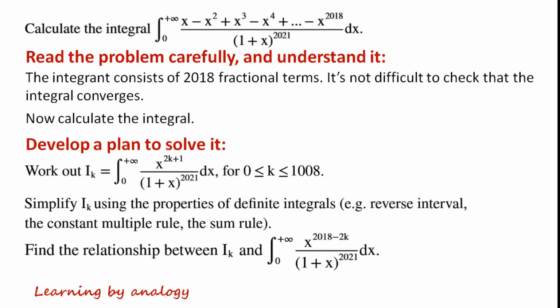Find the relationship between IK and the integral over the interval from 0 to positive infinity of x to the power of 2018 minus 2k over 1 plus x to the power of 2021 with respect to x. Then work out the original integral.